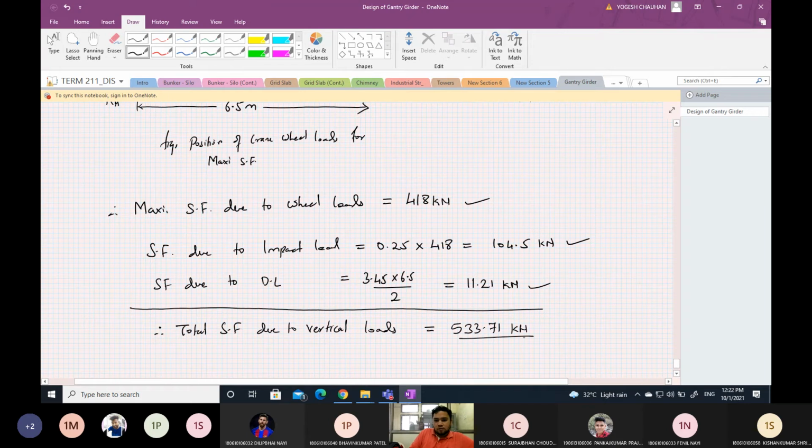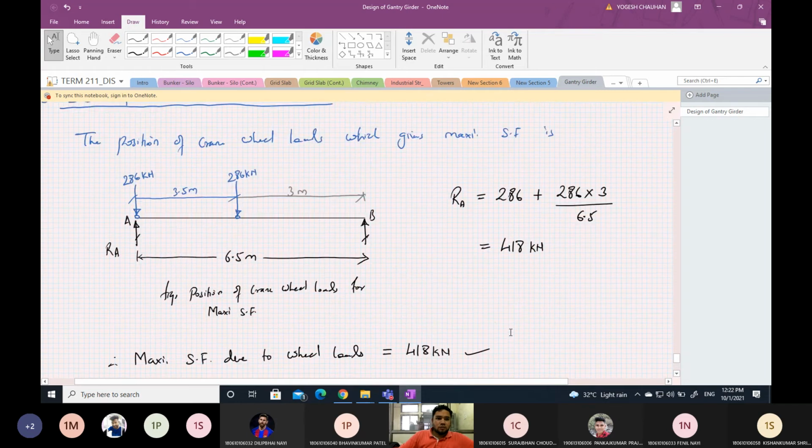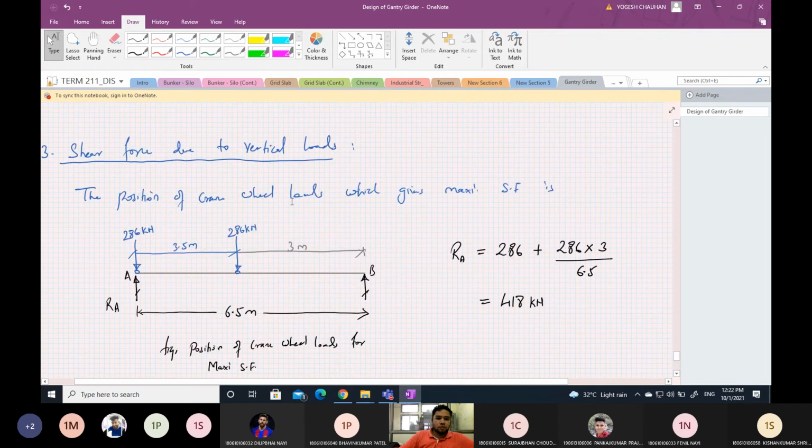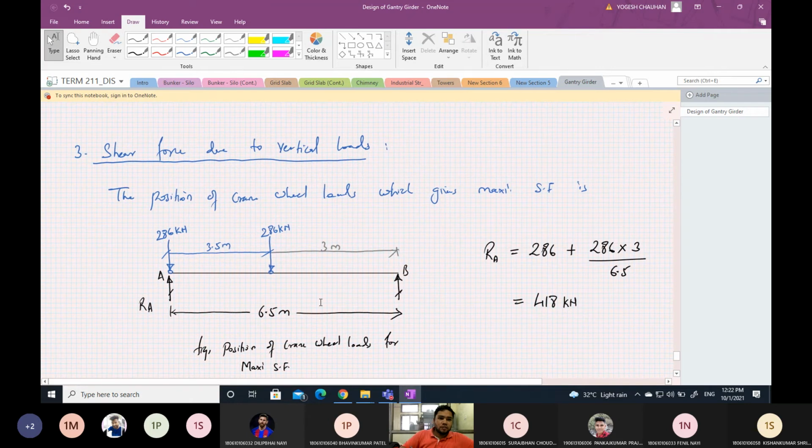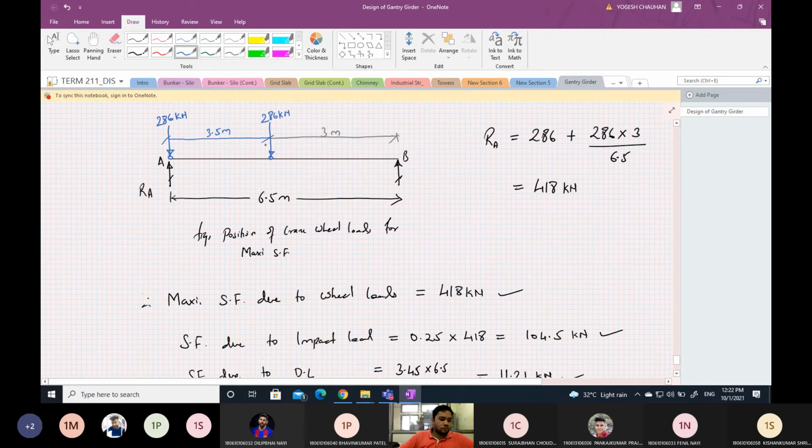Okay. So we have found the shear force due to the vertical load. Next is the shear force due to the horizontal load.